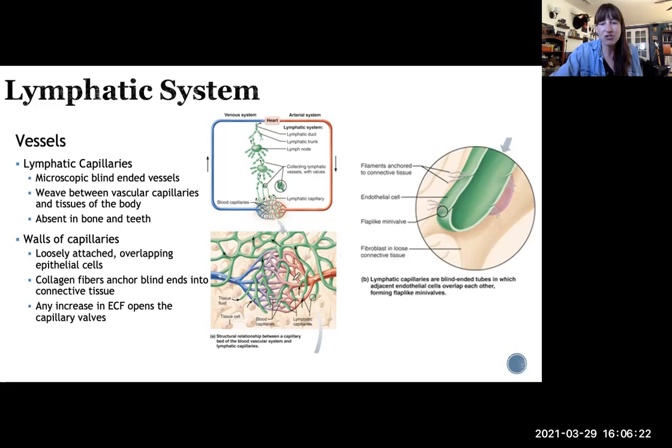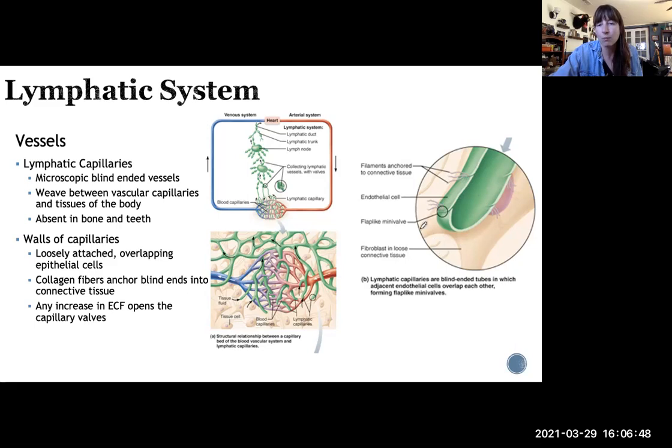And when the extracellular fluid in between all these blood vessels and the cells of the connective tissue becomes a higher volume or a higher concentration than inside these lymphatic capillaries, then these overlapping epithelial cells can act as one-way valves.